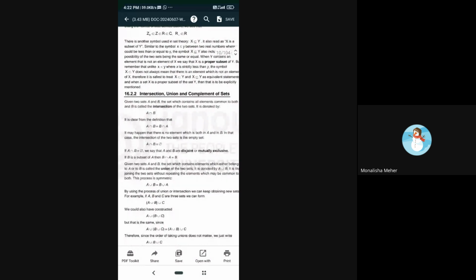Given two sets A and B, the set which contains elements which belong either to A or to B is called the union of the two sets. It is denoted by A union B. It is like joining the two sets without repeating the elements which may be common to both.